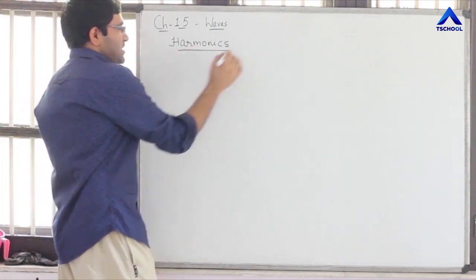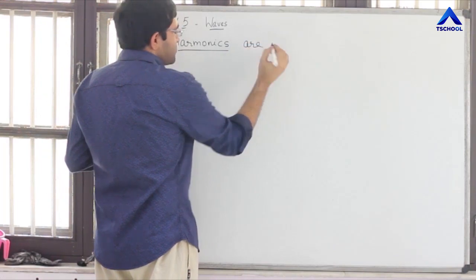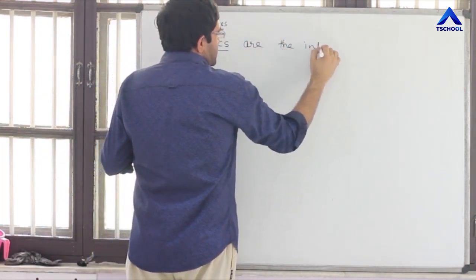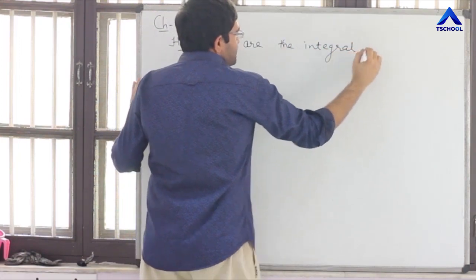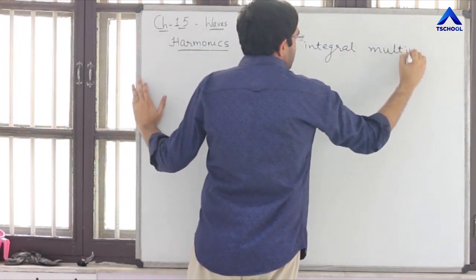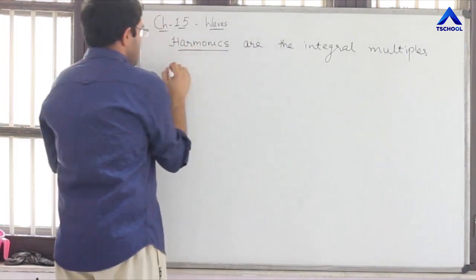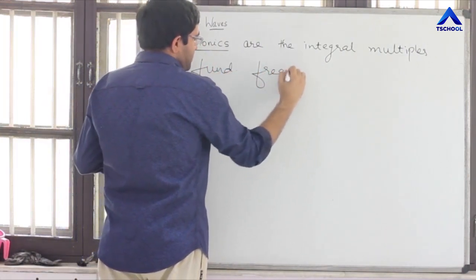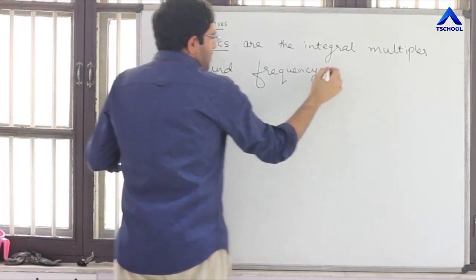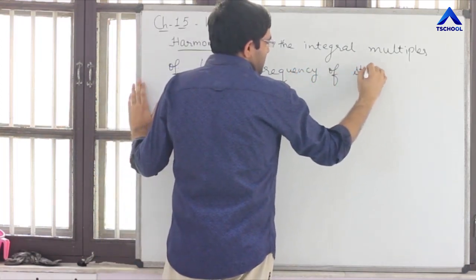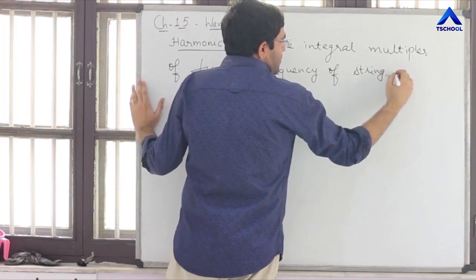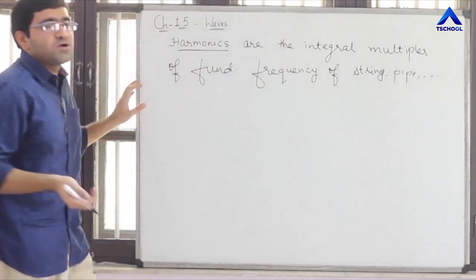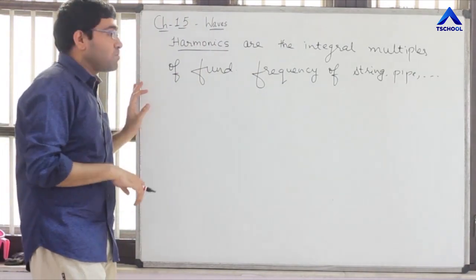So a harmonic is, or harmonics are plural, they are the integral multiples of the fundamental frequency of maybe the string or pipe or any other thing that may show these kind of phenomena.